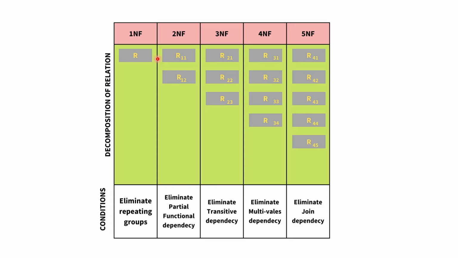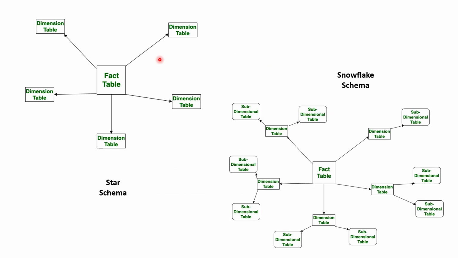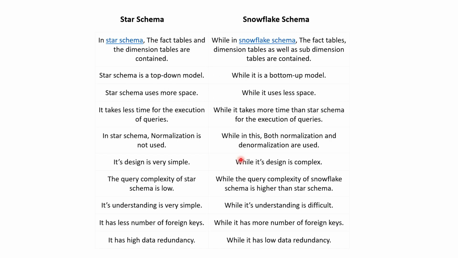This is a Star schema: the fact table, and the dimension tables are here. In Snowflake schema you can see a fact table in the middle and dimension tables, and these dimension tables have sub-dimension tables like that. We will understand this with an example.